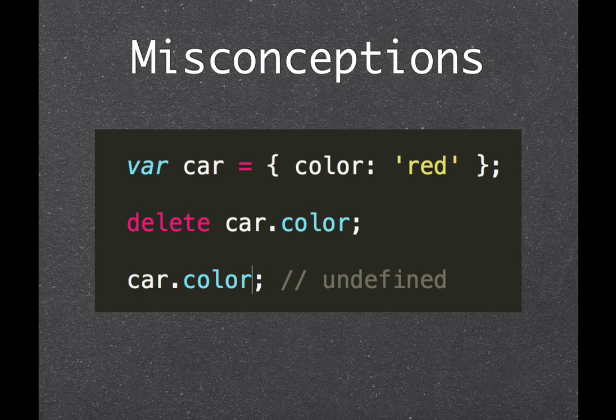I'd like to begin with some of the misconceptions that people have. The first one is the use of the delete operator. First, I'd like you to understand how objects are stored in JavaScript. When you declare an object, especially for an engine like V8, which is Google Chrome's JavaScript engine, the object is stored as a hidden class.